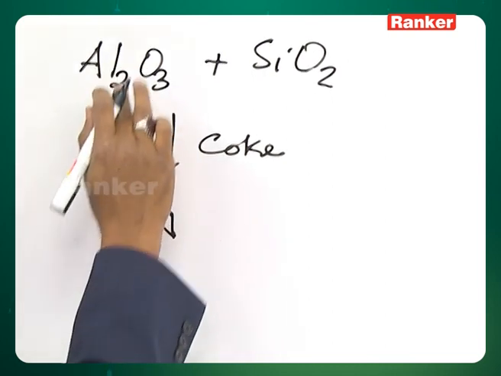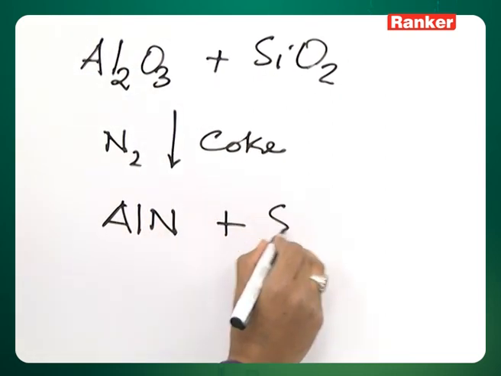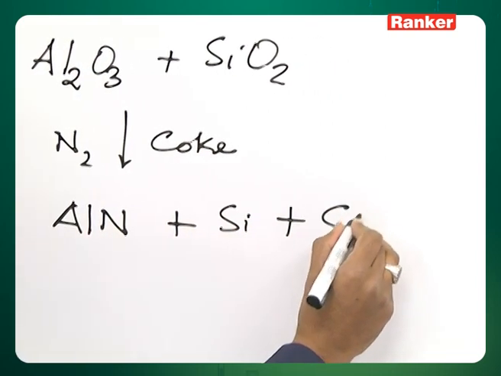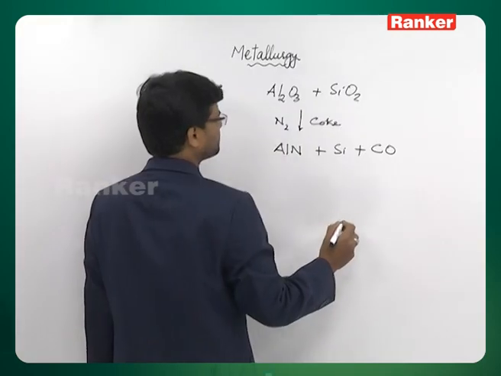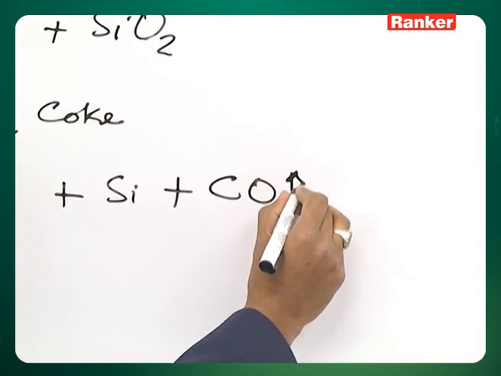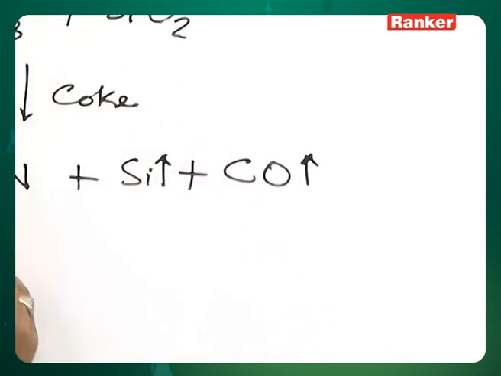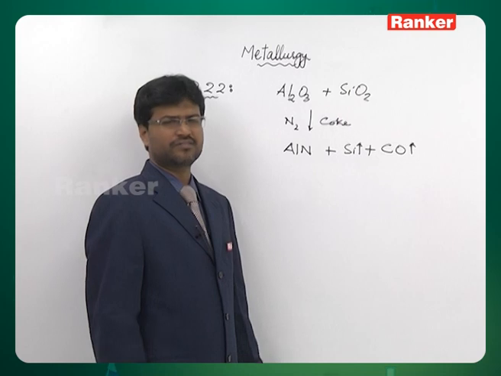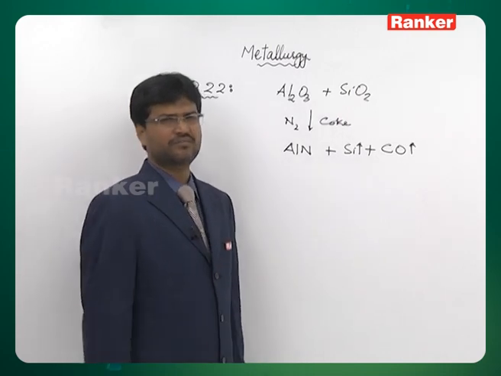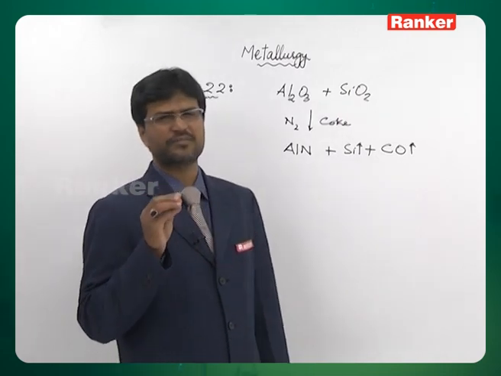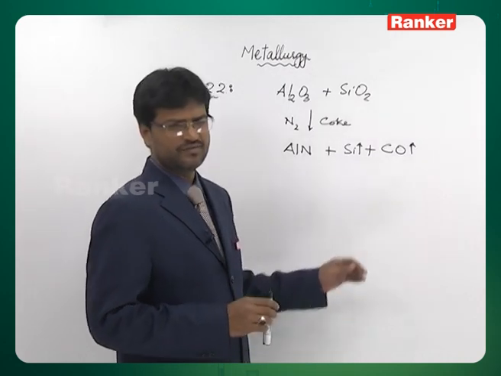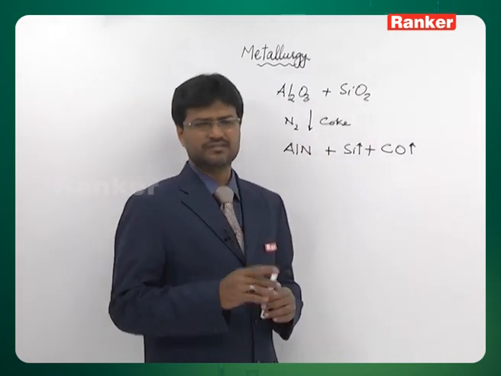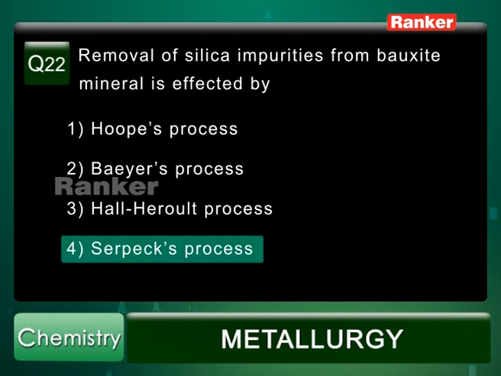Alumina is reduced to aluminum nitride, silica becomes silicon, and carbon monoxide escapes out. Silicon also escapes as volatile fumes. So what is left is AlN. AlN is then hydrolyzed to get aluminum hydroxide, and then it is ignited to get alumina. So this is Serpek's process of purification of bauxite, and we use coke and nitrogen. The correct answer is fourth option.